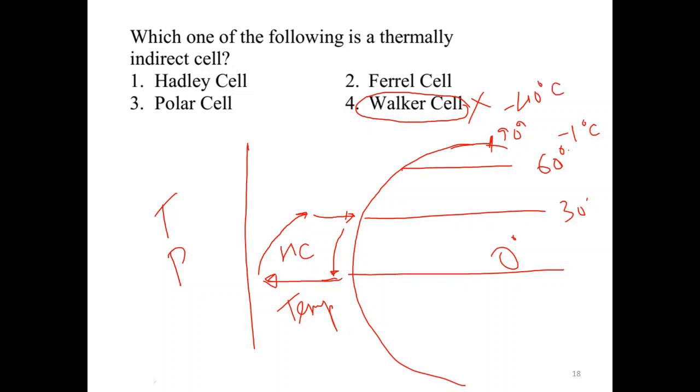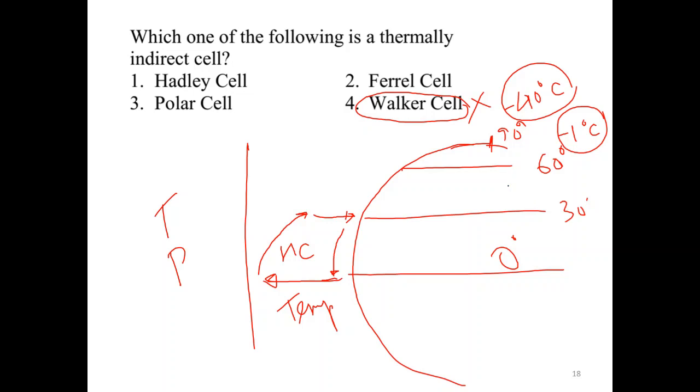We all know that -1 is greater than -40. So we can say that the temperature of -1 is warmer than the temperature of -40. I hope you understood this.